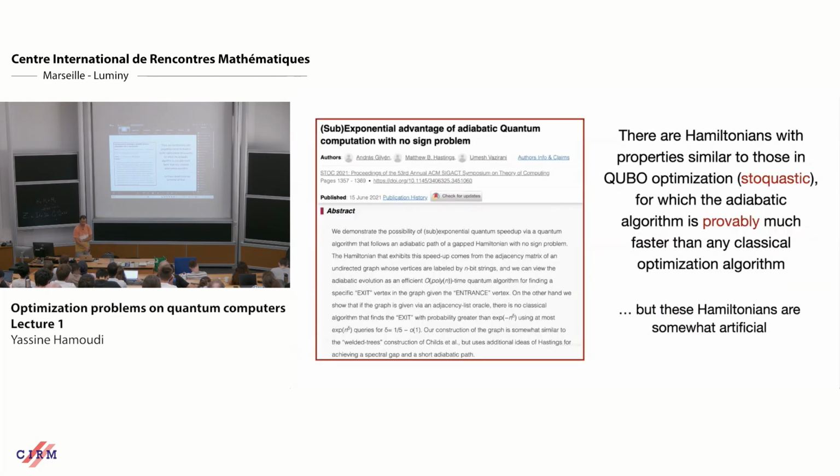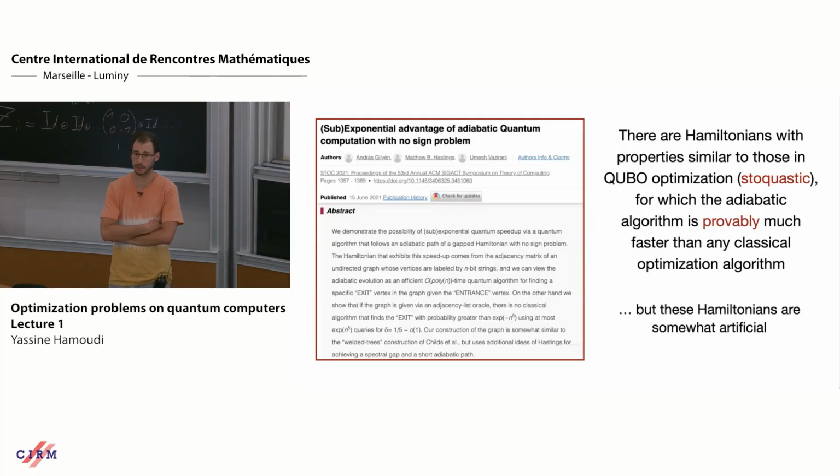Before concluding this section, you may ask, there are a lot of limitations. Maybe in practice it's impossible to use the adiabatic algorithm. Maybe the spectral gap is always very close to zero, extremely small. Maybe it's not even efficient for any problem of interest. This is something which is investigated a lot by the research community. There are some examples of Hamiltonians which are close to what we saw before.